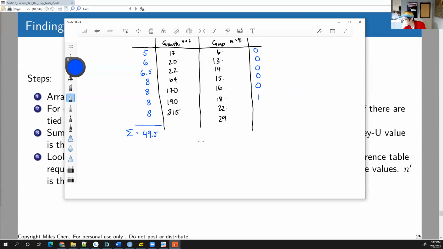At 22, we have 1, 2 values and a tie, 2.5. And at 29, we have 3 values that are smaller. And so my sum here is going to be 6.5. Okay. So I've got two sums, and the larger value, 49.5, is going to be my test statistic, 49.5.